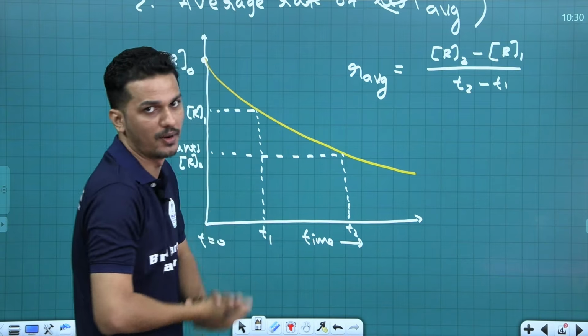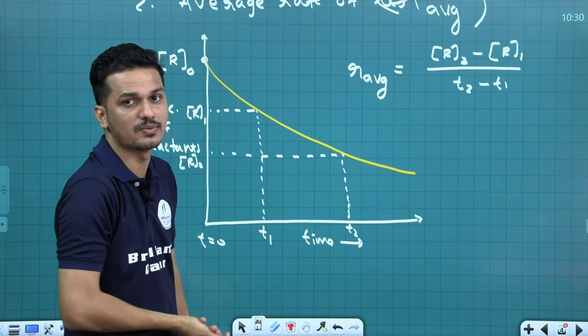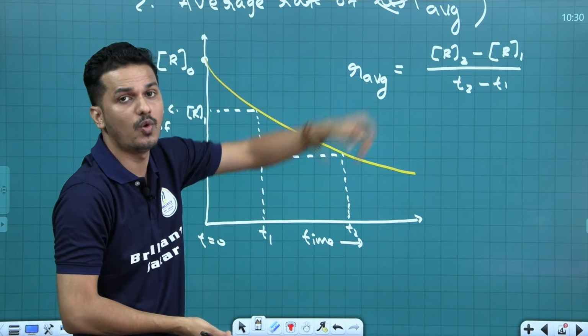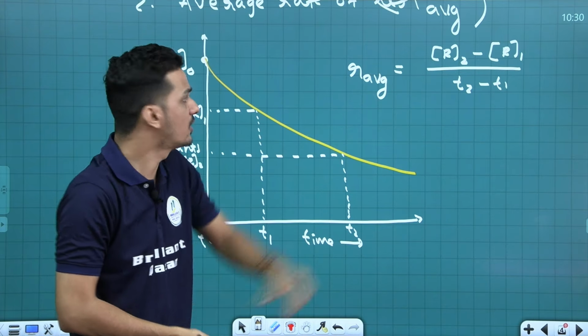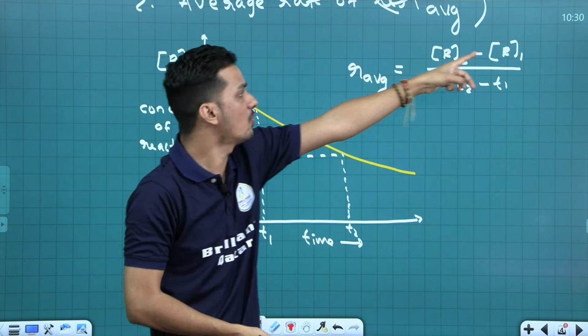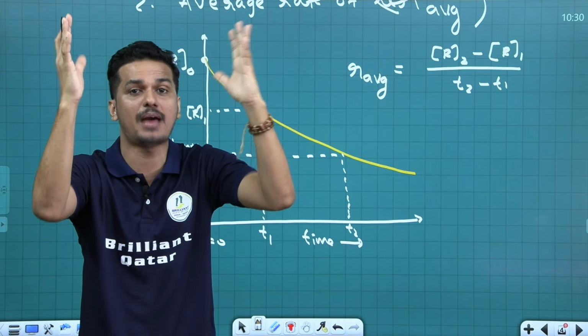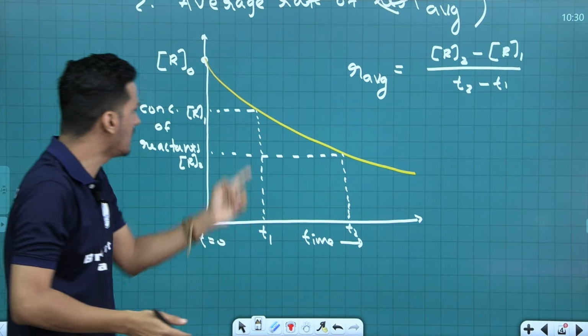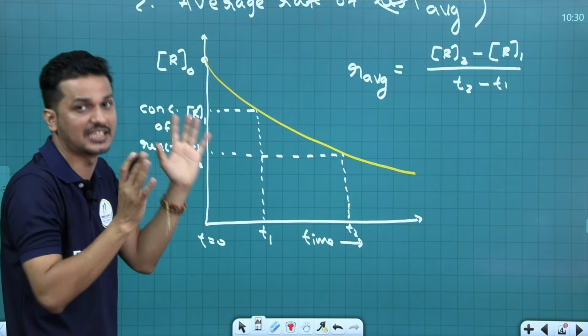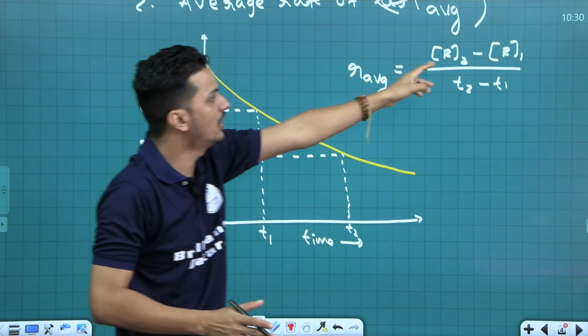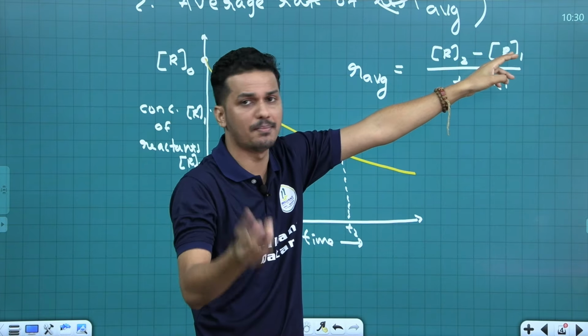But there is a problem: this value will be negative. Why? Because R2 is smaller and R1 is bigger, since at the initial time the reactant concentration is maximum, so at T1 the concentration R1 will be larger.